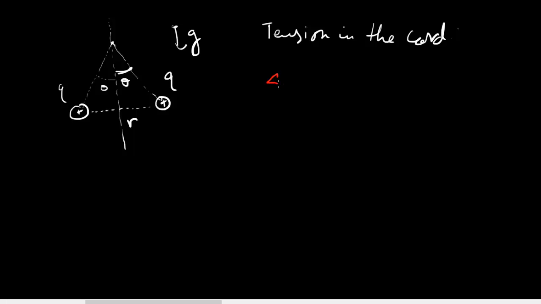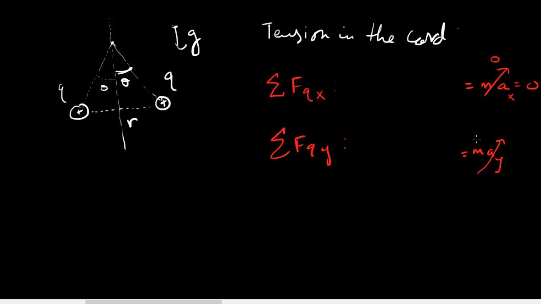We're going to have the forces on q in the x direction, and the forces on q in the y direction, and when we set them equal to ma, since a is 0, this becomes 0. Same thing in the y direction, since acceleration in the y direction is 0. So what are the forces in the x and y directions?